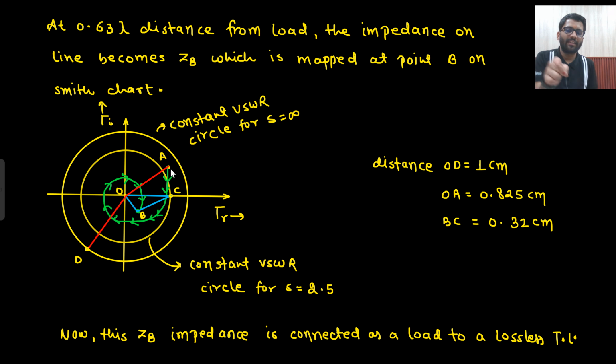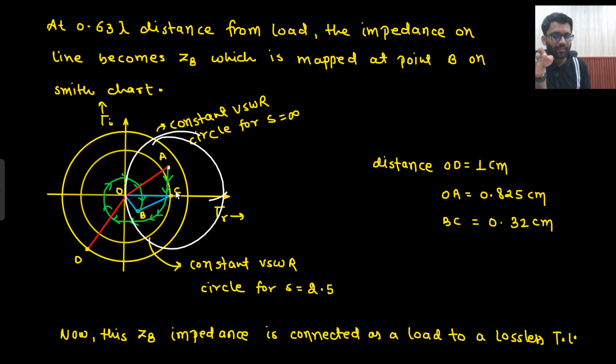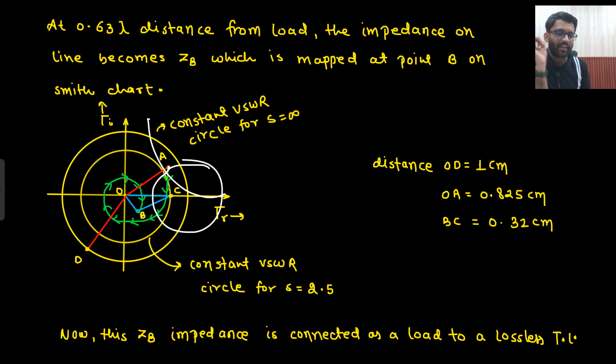Now this is mapped as point A on this particular Smith chart. There would be some resistance circle and some reactance circle, and both are cutting at this particular point A. This is how the diagram would look.